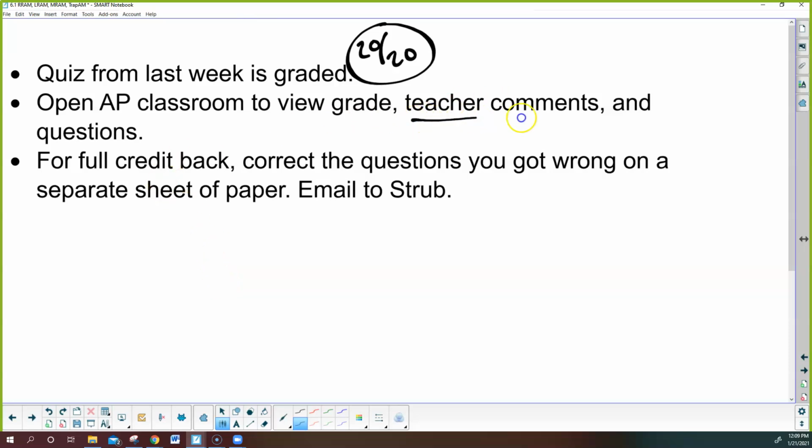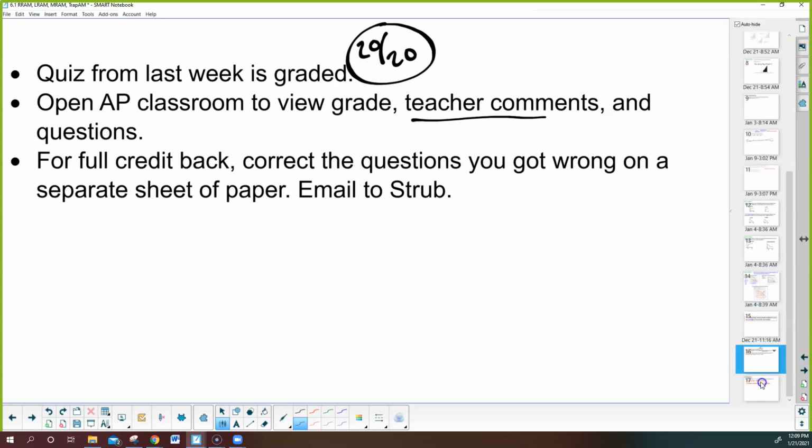I wrote teacher comments in AP Classroom. So if you got it wrong or if I took off a point, you can go through and look at it, as well as any of the multiple choice questions. It's designed so you can look at why the option you chose was wrong and why the other one is correct. So please do that. If you want to earn full points back, email your corrections to me with anything that you got wrong.